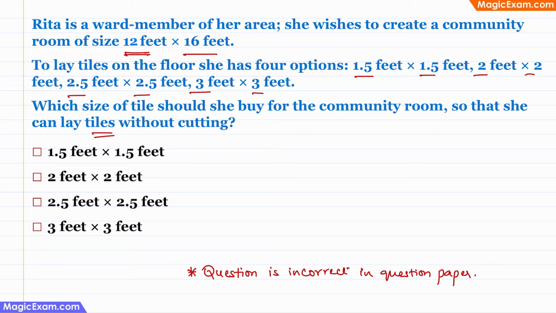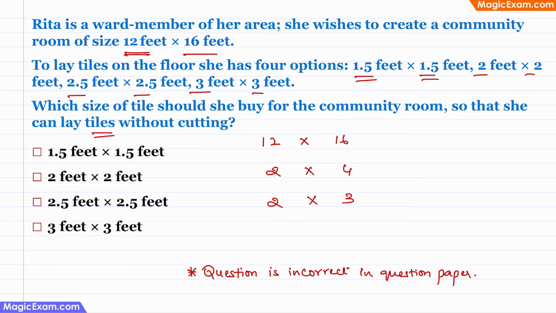So solving this is very simple. Right? We know that the size of the room is 12 feet into 16 feet. Now, if suppose instead of the 1.5 into 1.5 feet tile, we had a different size tile. Say we had a tile of 2 feet into 4 feet, or we had a tile of 2 feet into 3 feet.